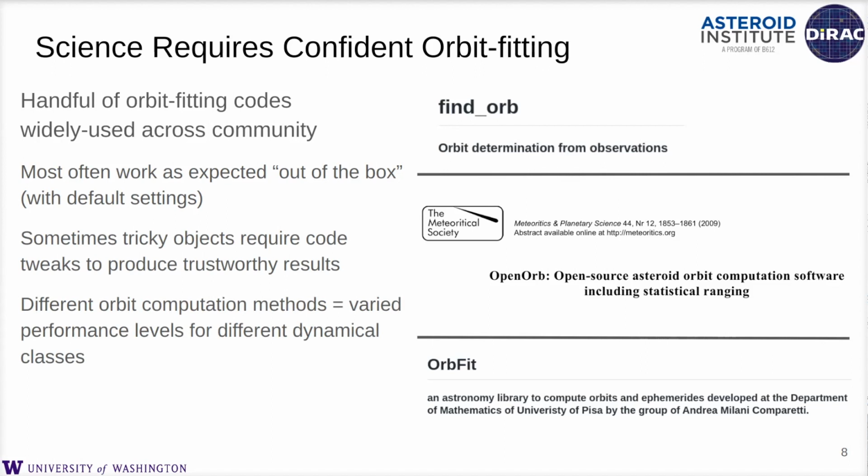In addition, each of these codes uses different techniques or methods for computing orbits for an object given a set of observations. That can lead to varied levels of performance between these codes when fitting orbits to objects belonging to different dynamical classes across the solar system. For example, one of these codes might be better at fitting orbits to near-Earth objects than the others.